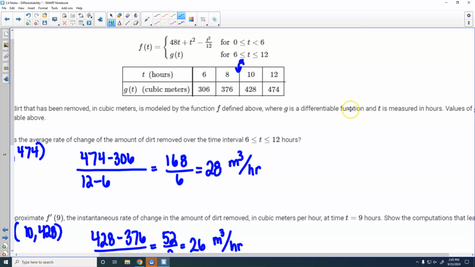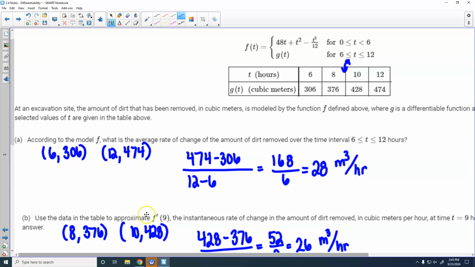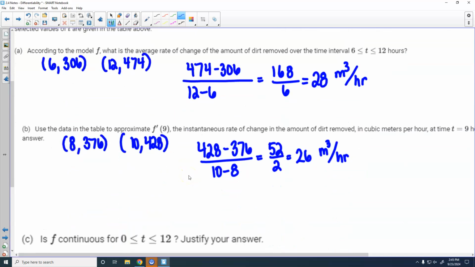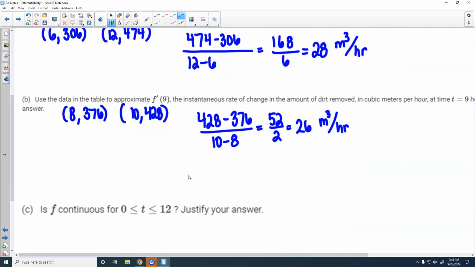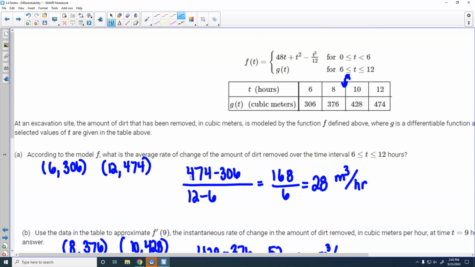If g is differentiable, it has to be continuous. We cannot just assume that the grader knows we know that; we have to say it. That leaves just one point where we're not sure: at 6, where the two pieces come together.